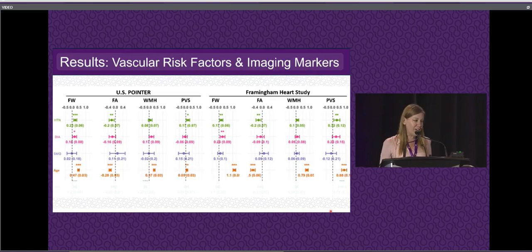We found a very strong effect of age, increasing age being associated with increased free water, increased white matter hyperintensities, increased PVS, decreased fractional anisotropy. We observed the same association in US POINTER and Framingham. Regarding sex, we found different effects of sex according to the biomarker and the study.